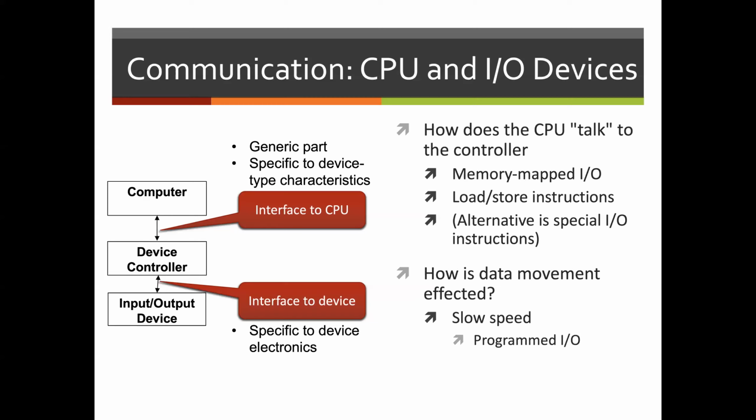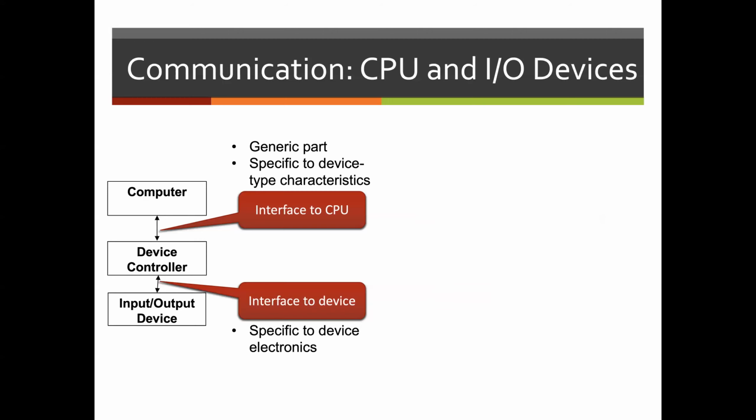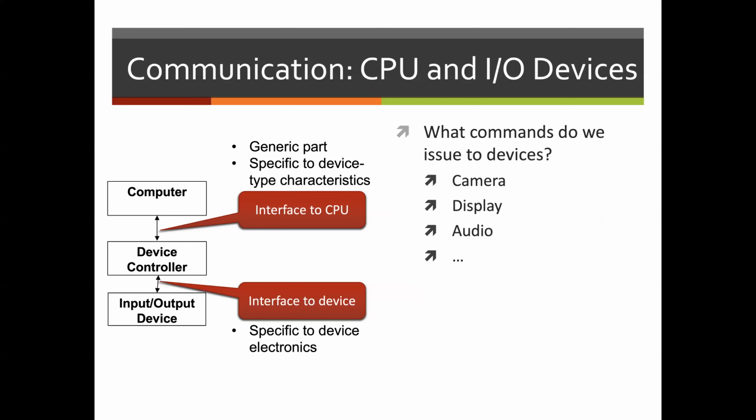Well, using program IO can result in slow speed, but if we use DMA and interrupts, we're enabled to get higher speed. And so what are some of the devices that we can enable this for? It can be for the camera, for display, for audio, and other specific device components.